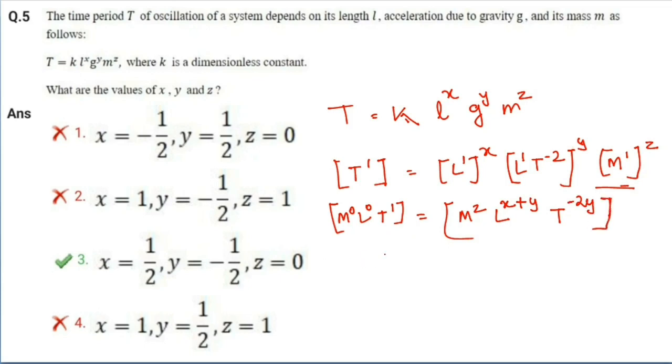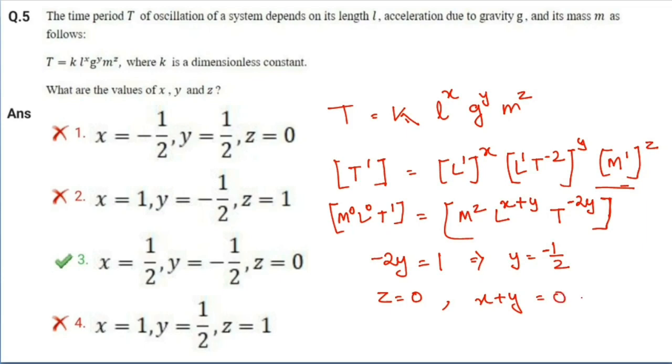If we check LHS and RHS, we have to equate. So we will get minus 2y equal to power of T, which is 1. So minus 2y is equal to 1. That means y is equal to minus 1 by 2. Then for the power of M, z is equal to 0.